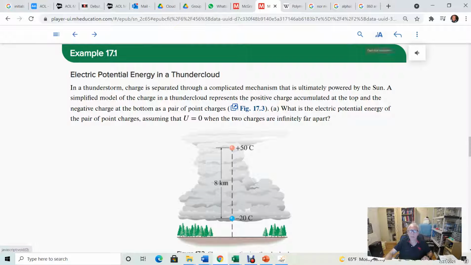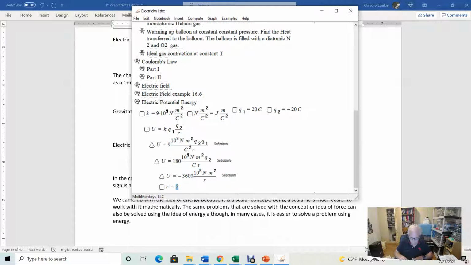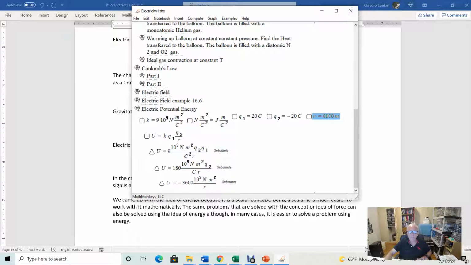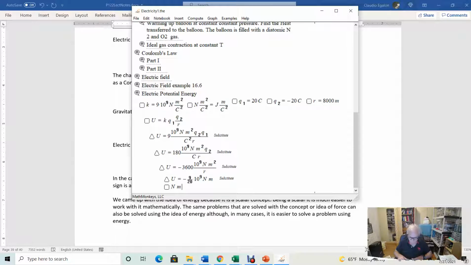What's the distance? 8 kilometers. 8 kilometers is 8,000 meters. You gotta put that in all SI units. Here you go. R goes right in here. And newton meter is joules.